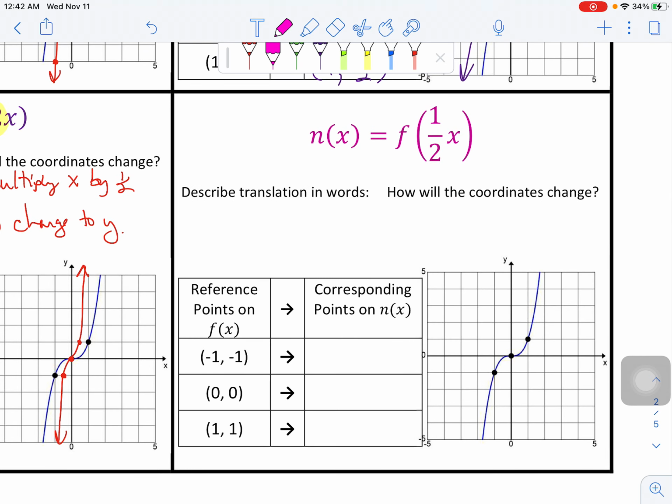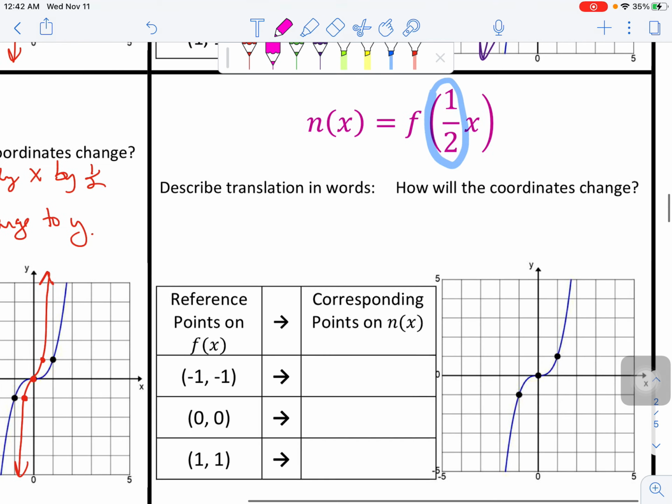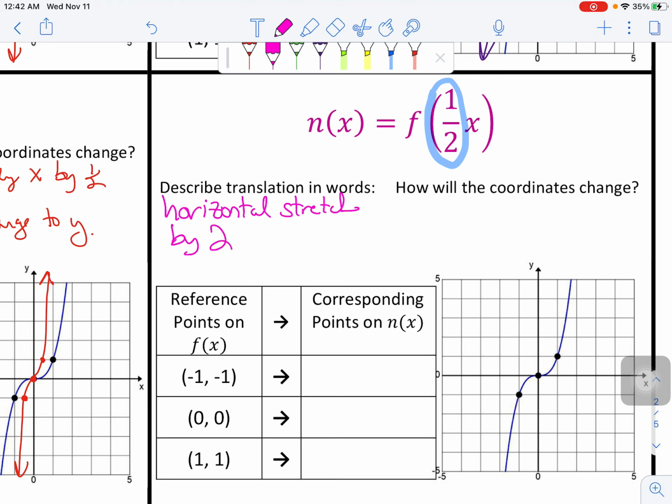All right, last one for this particular video. This is going to be n of x. And in this case, we've got n of x is equal to f of the quantity 1/2 x. So we are dealing with something that is directly attached to x here. And it's a number between 0 and 1, which this is going to be weird, but this is actually a horizontal stretch by, again, what's the reciprocal of 1/2?